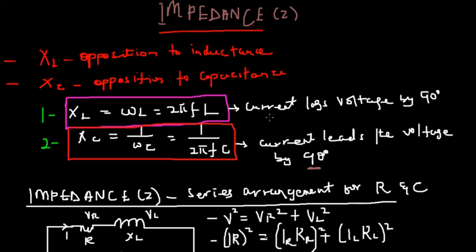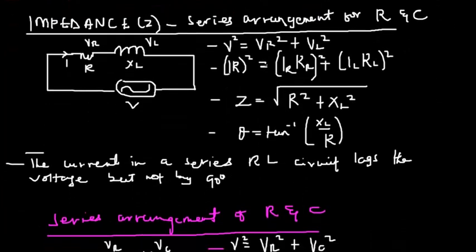For inductance, the current always lags the voltage by 90 degrees. These are things you need to keep in mind: for inductance the current is always lagging the voltage, and for capacitance the current is always leading the voltage.